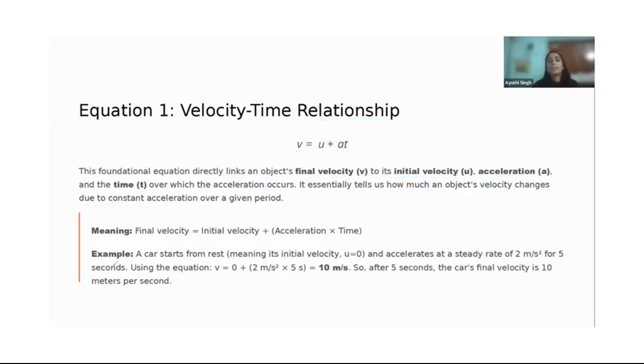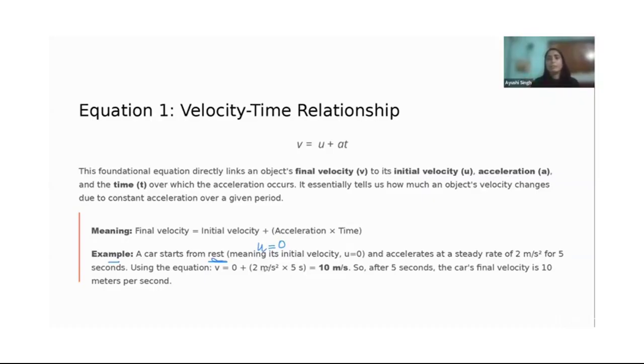Let's take an example. A car is starting from rest. Whenever something is starting from rest, it is a tip, you have to take u as 0, because initial velocity is 0. Suppose I'm stationary here, and suddenly I started moving. My initial velocity was 0, I wasn't in motion at all.